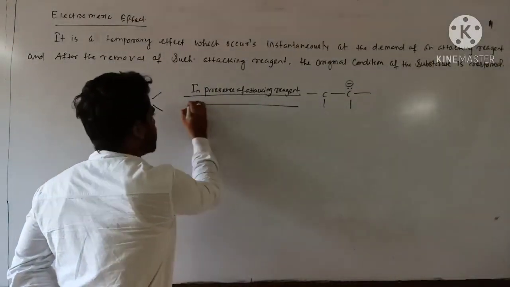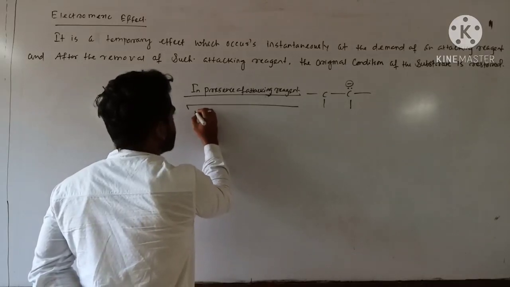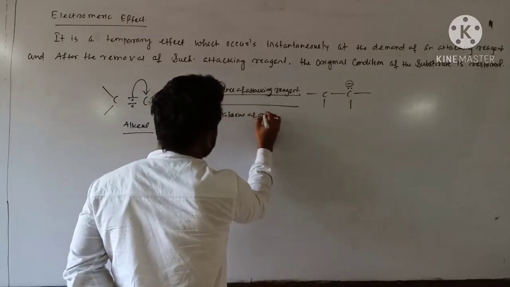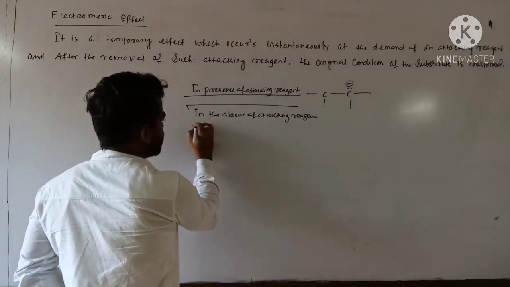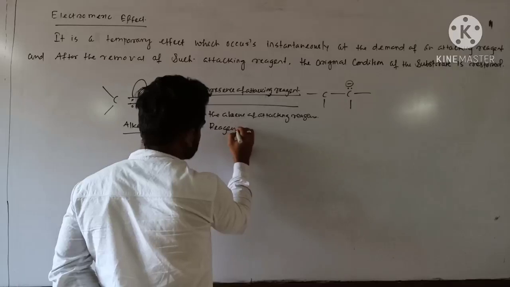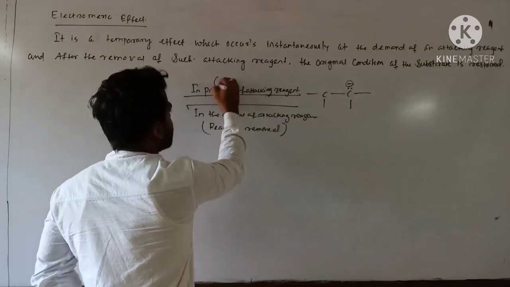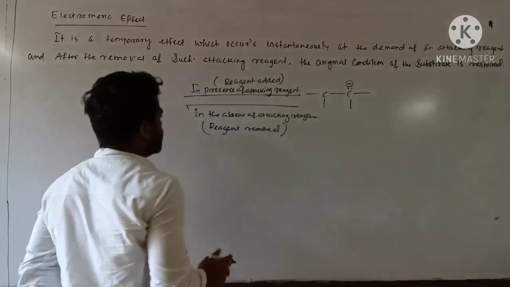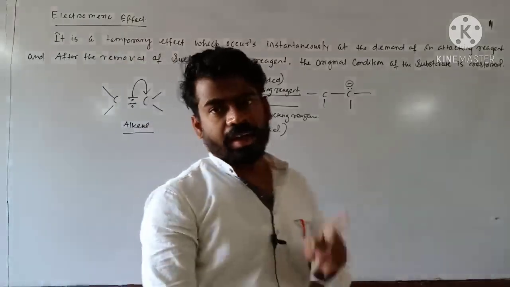In the absence of attacking reagent, that is, whenever the attacking reagent is removed, then again you can get this alkene. So this is called electromeric effect, a temporary effect.